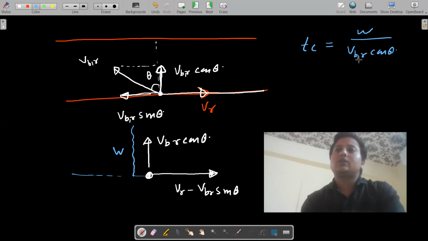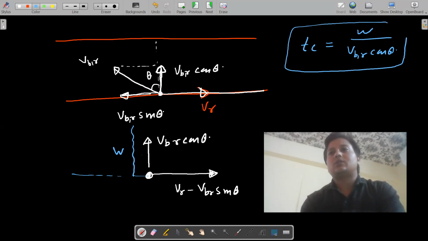Here VBR and theta are constants, so time of crossing is calculated.